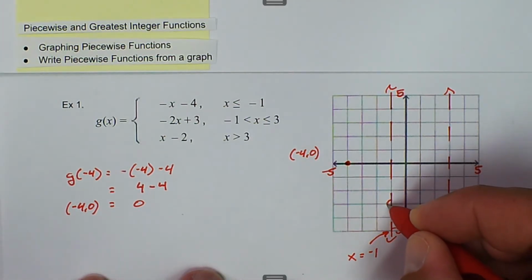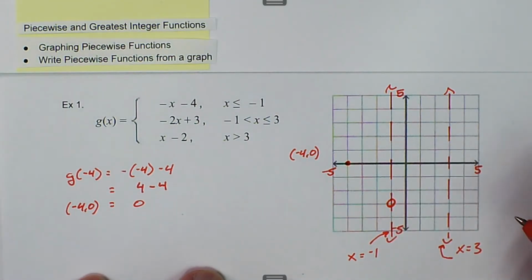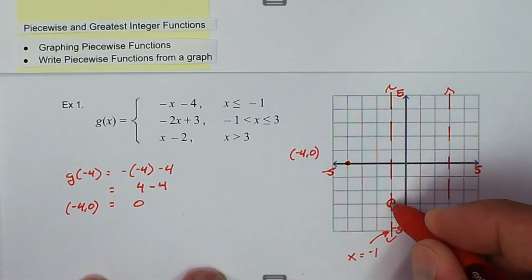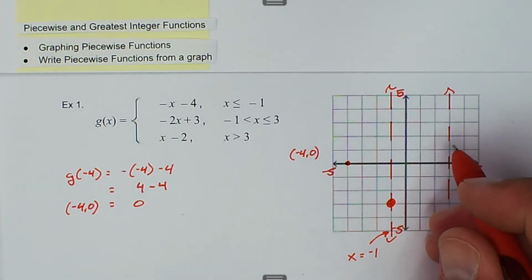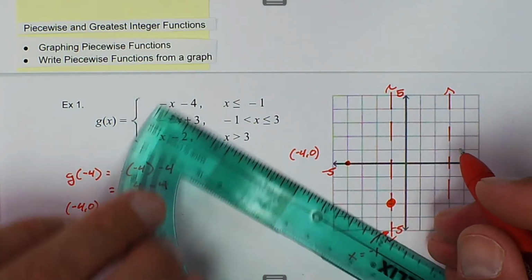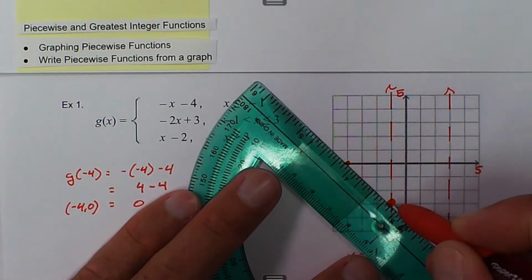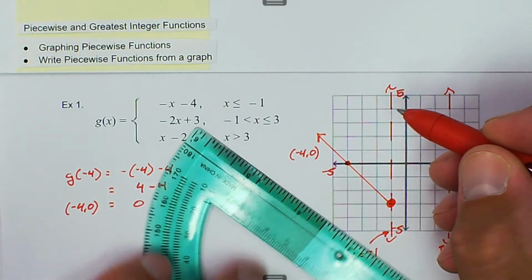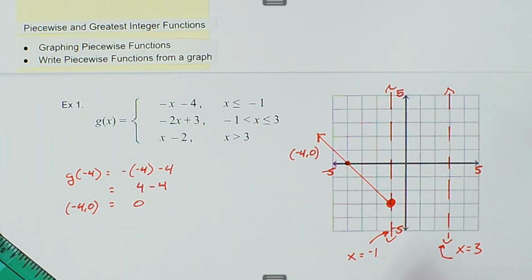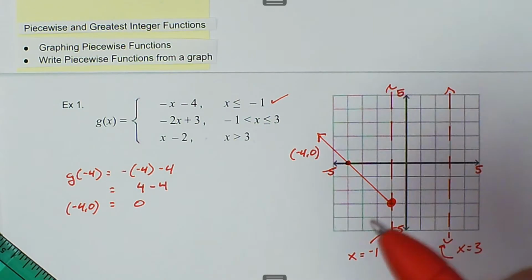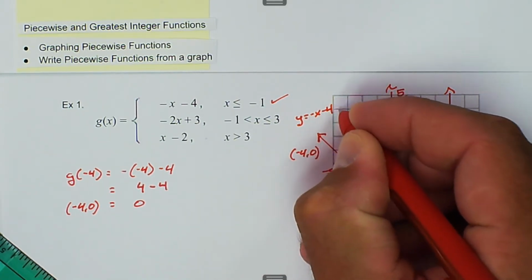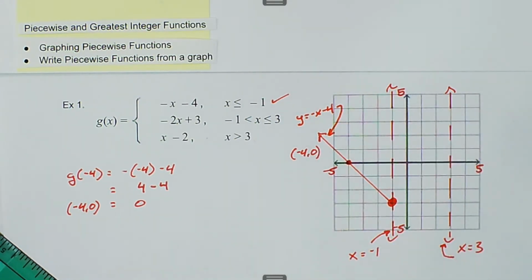And so I know that I have to have a circle here on my limit. Now I pay attention to my inequality sign, and it says that it should be included. So I can make that a solid dot. Then I draw the line that connects the two. So I have one of the three graphs drawn there, y equals -x minus 4, that part of the graph right there.